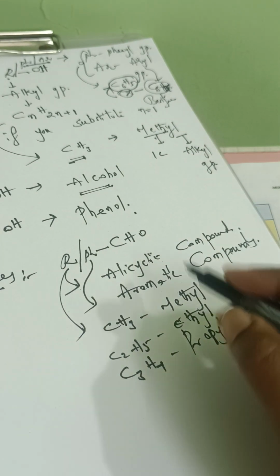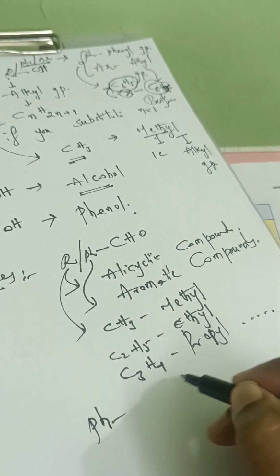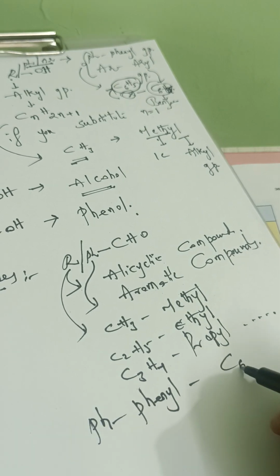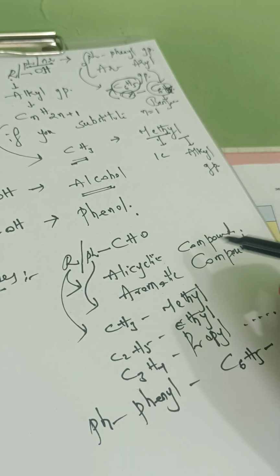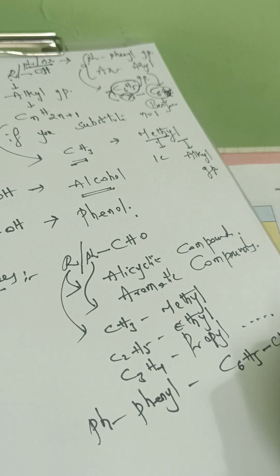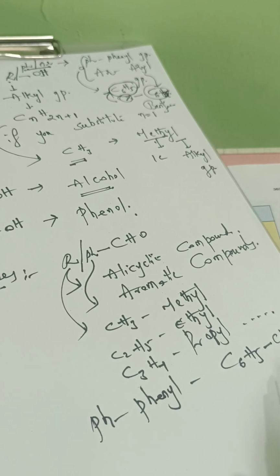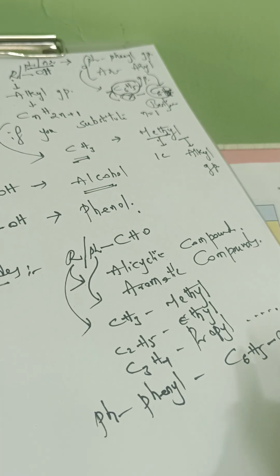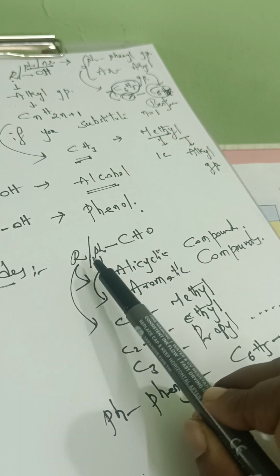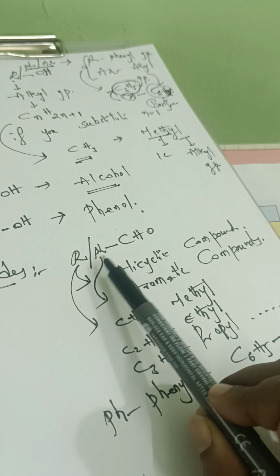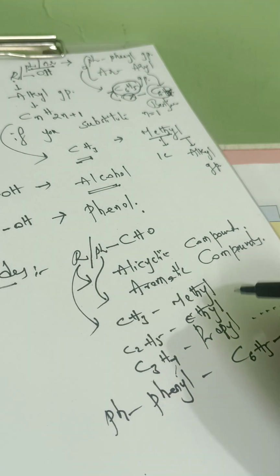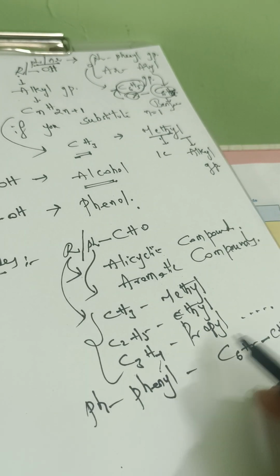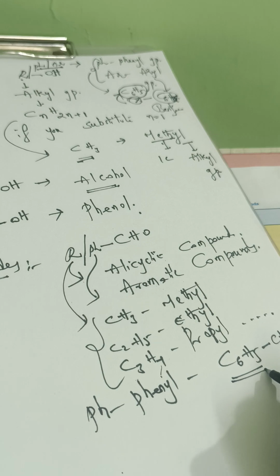So phenyl is nothing but Ph. Phenyl is nothing but C6H5 bond CHO. See, already for the aldehydes we have seen the functional group structure is CHO. I told you towards the left side it may be an alkyl group or a phenyl group. If it is an alkyl group, you can have these groups. If it is a phenyl group, the group will be C6H5.